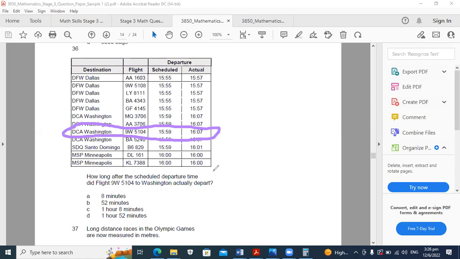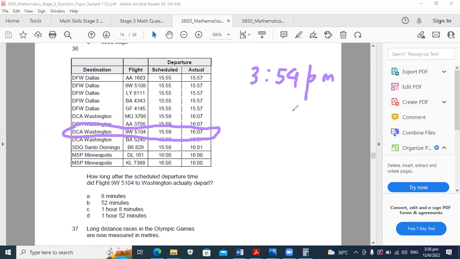So it was scheduled for what, 15:59? Yes, sir. In other words, the plane was supposed to leave. But 15:59 is 3:59, not true? Yes, sir. Almost 4 o'clock.